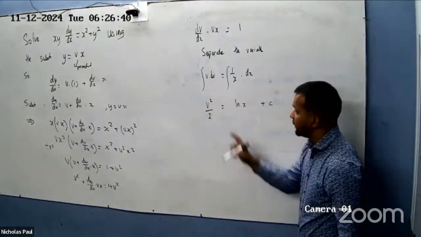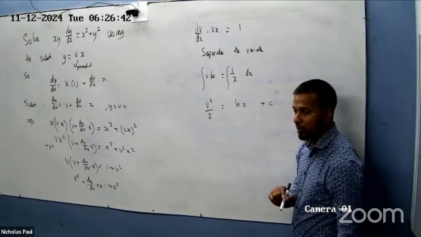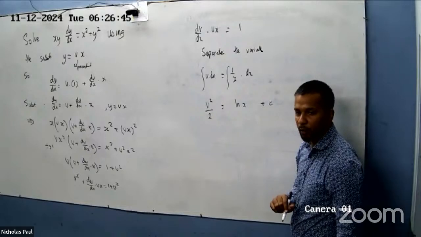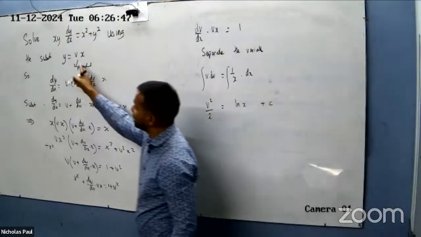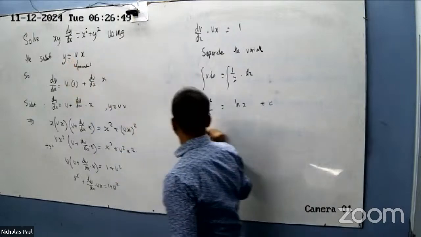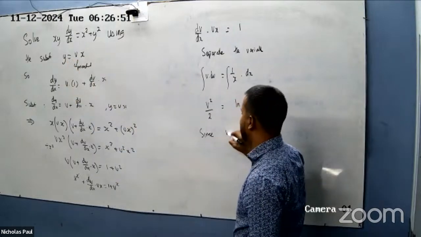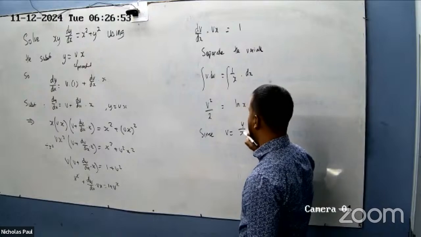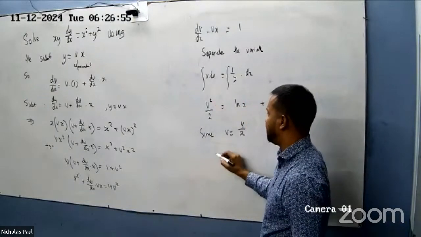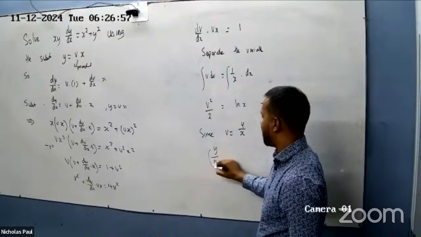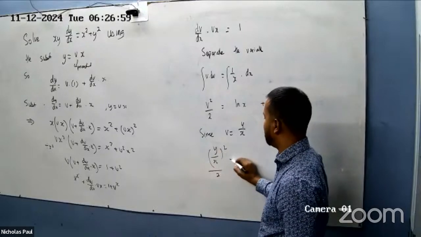Is that a good solution? Can I stop there? No. So I come back here now, and since v is equal to y on x, I can make a substitution here. y on x squared all over 2 is equal to ln x plus c.